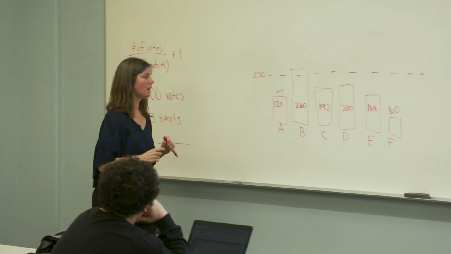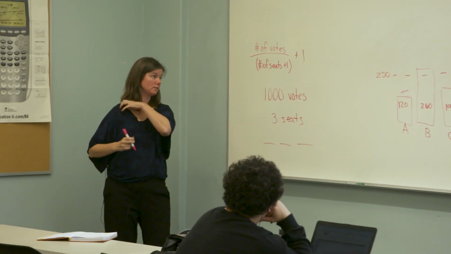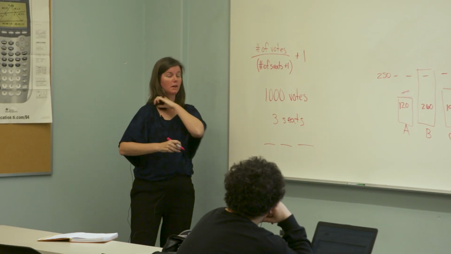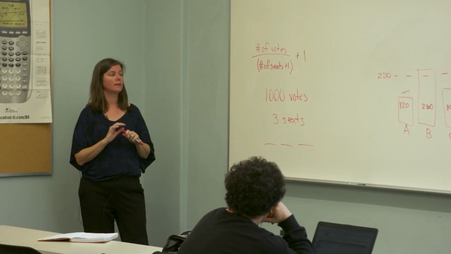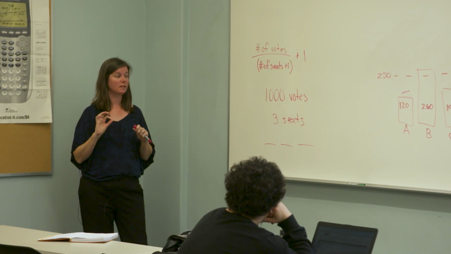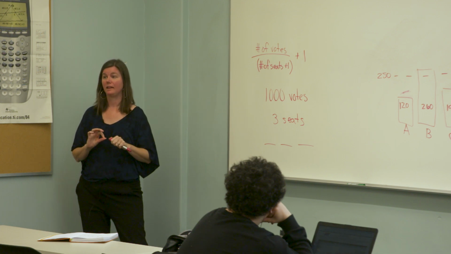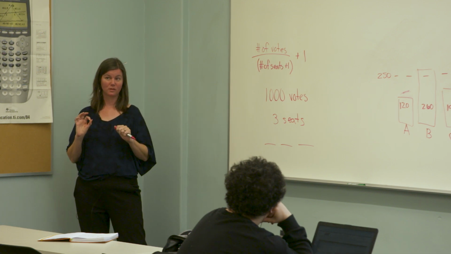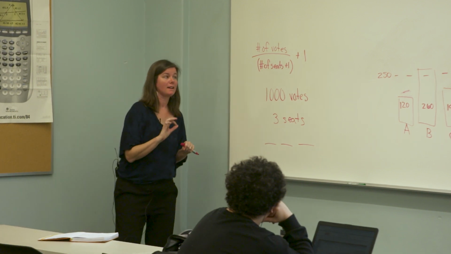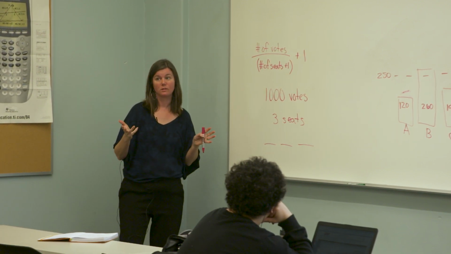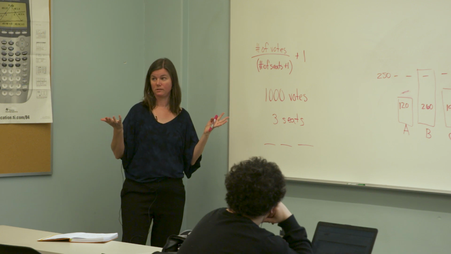Right? So just like with ranked choice voting, you start eliminating to get more seats. But what we do with this one is I'm actually going to take the surplus seats from B. How many surplus seats do I have for B? 10. And I'm going to take those 10 and redistribute them because those are essentially wasted votes, right?